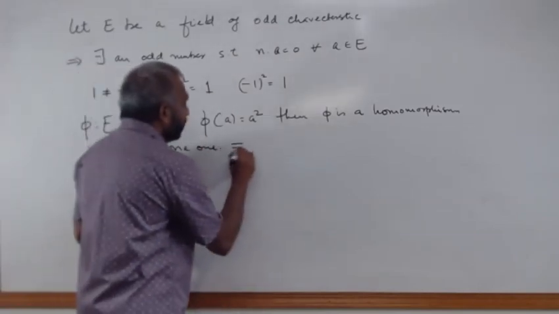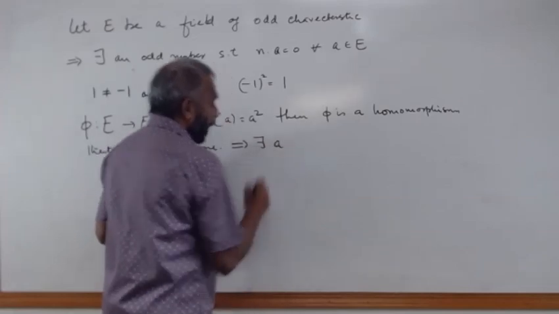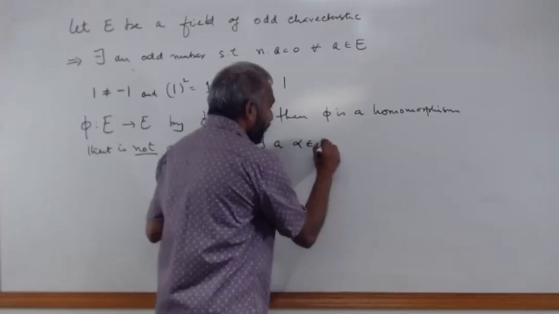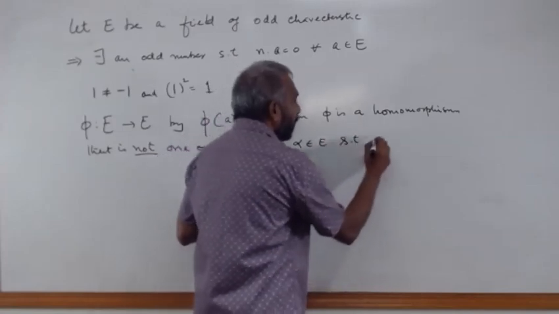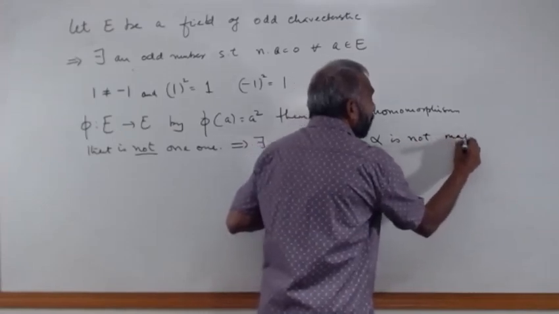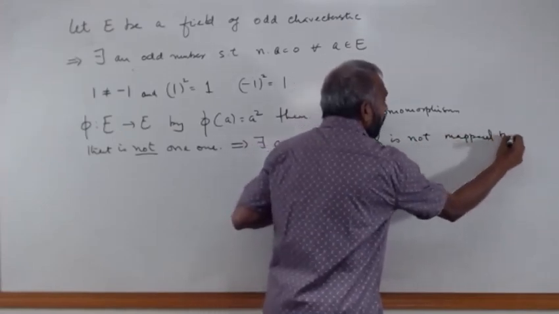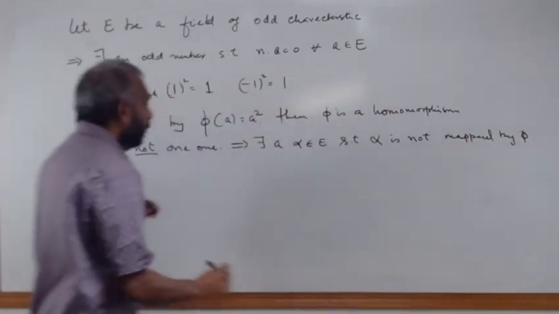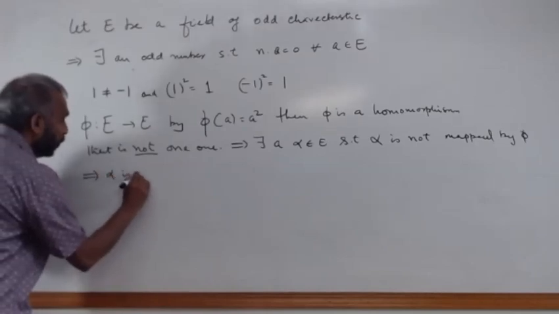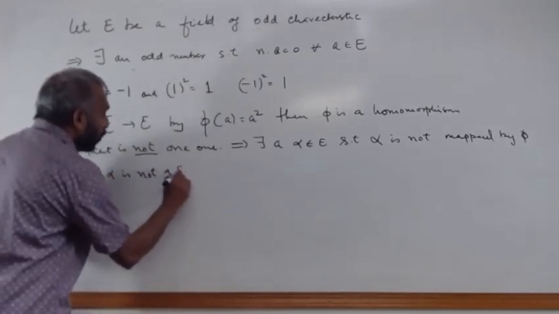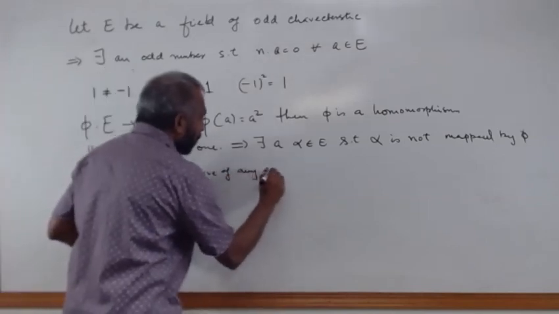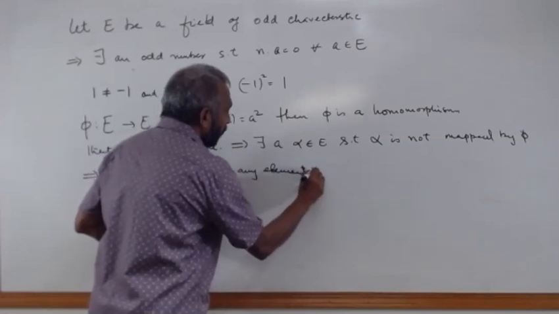That implies there exists an alpha in E such that alpha is not mapped onto by phi. And that implies alpha is not a square of any element in E.